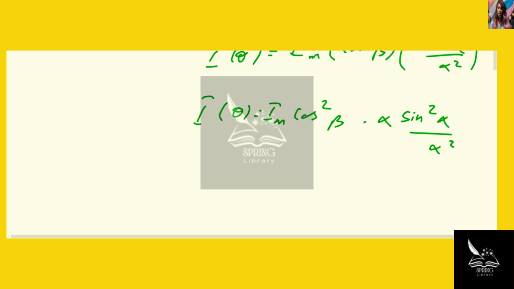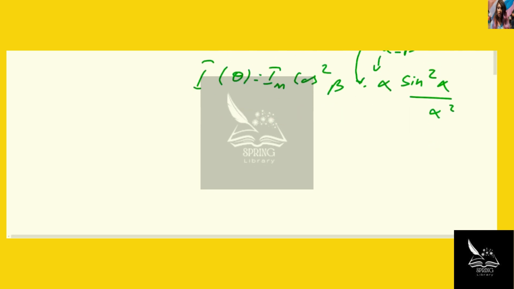Since alpha equals beta, we did a replacement right there. So this beta became alpha, and now we have a new relationship. And so this simplifies to Im cosine squared alpha. Remember, this is no longer beta, this is gone, so we've replaced it with just alpha.